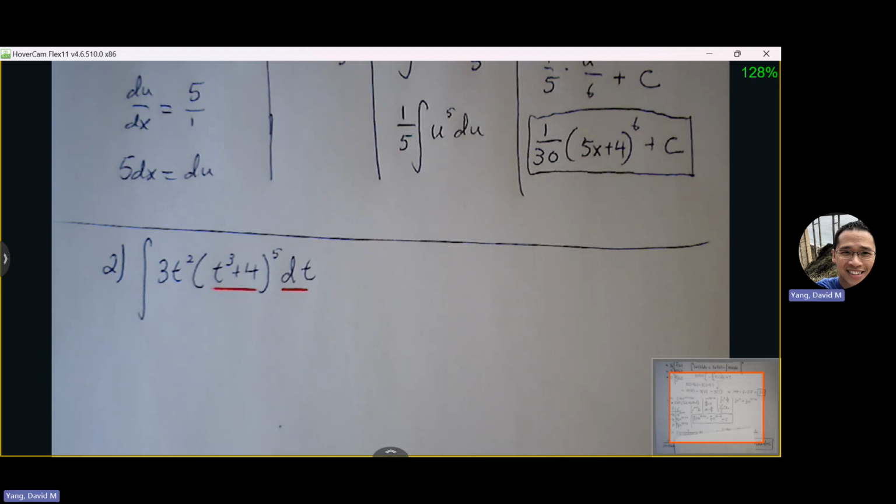That 5 is a really high exponent for us to work with, so we don't want to try to expand this. So the power rule is not a good option. Second option, use substitution.